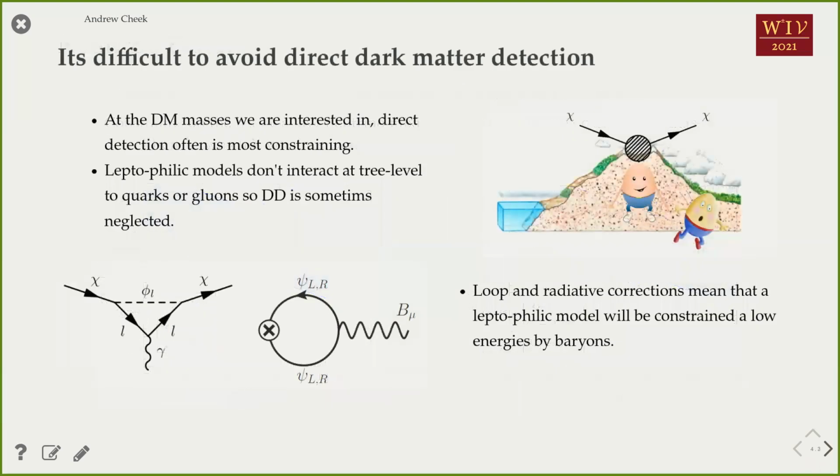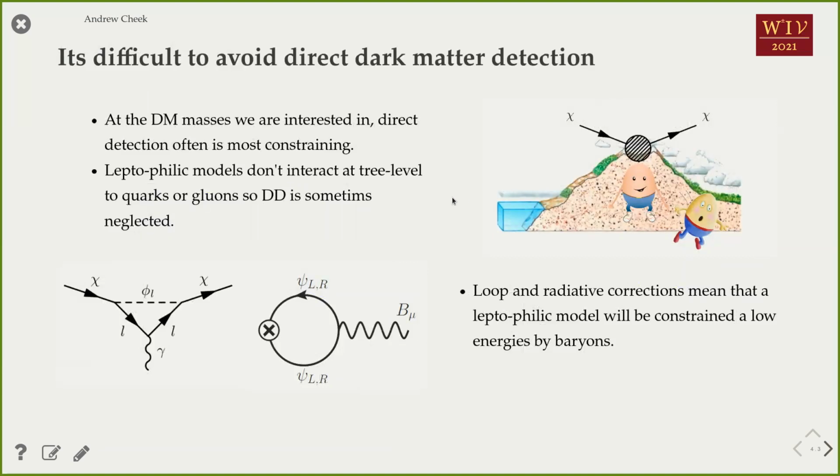Another thing which sometimes is missed in the literature is that the dark matter direct detection experiments, like the one in this schematic, are often really quite constraining. These experiments use, well, in the mass range of a few hundred GeV, the most constraining experiments are the likes of XENON1T, where they consist of xenon atoms waiting to be recoiled by some kind of diffuse dark matter component.